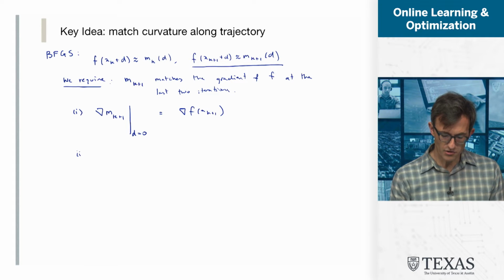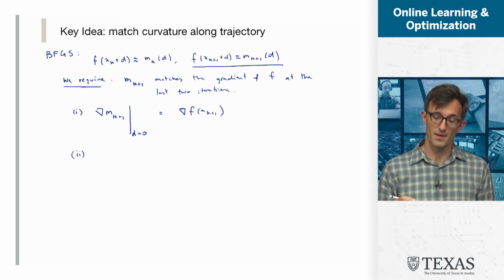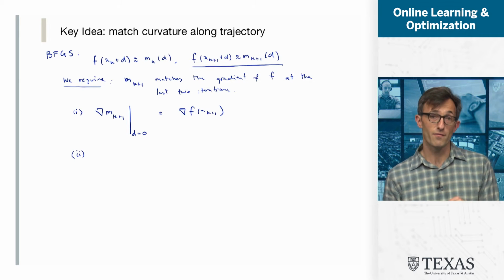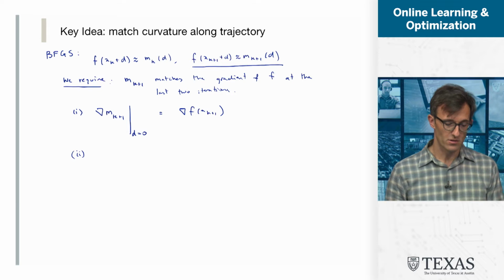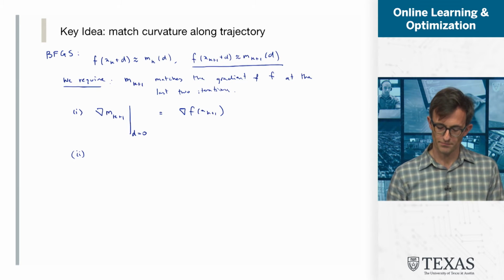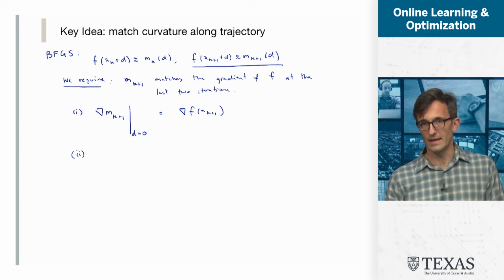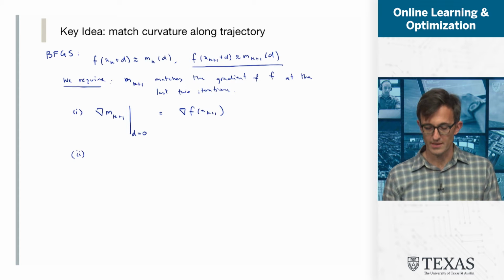And then I also want the gradient of mk+1 to match the gradient of f at xk. So what is xk, and how am I going to get that from f? What is xk compared to xk+1?